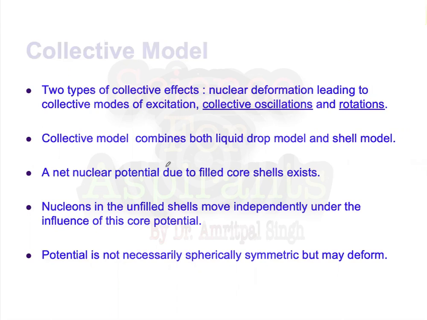this collective model. The collective model was designed by J. Rainwater in 1950. He combined these two models, the liquid drop model and the shell model, and suggested a new model known as the collective model.